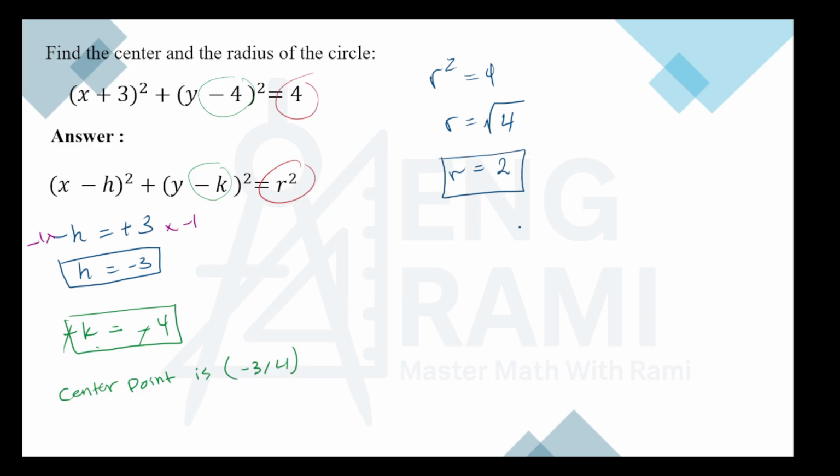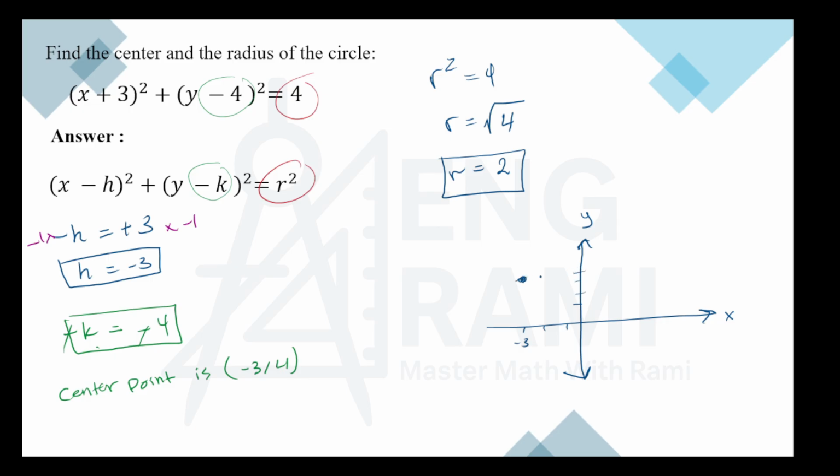Let us draw the circle. If you have, this is x, this is y. Let us first draw the center point, negative 3, 1, 2, 3, and 4, for example, 1, 2, 3, 4.